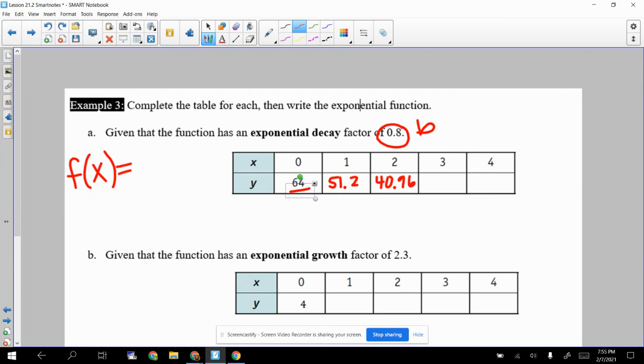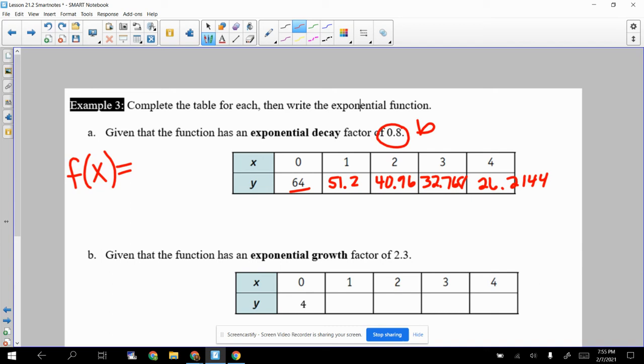Then times 0.8, you should be getting 32.768. And then times 0.8, you should be getting 26.2144. Okay, and you could keep going with this, but it's just asking for these terms here.